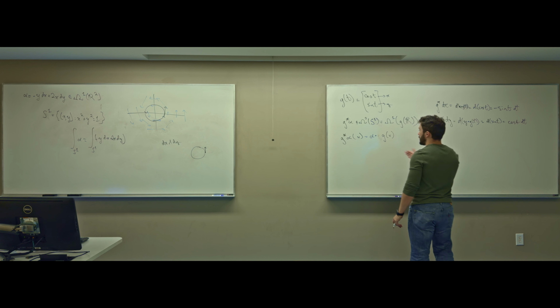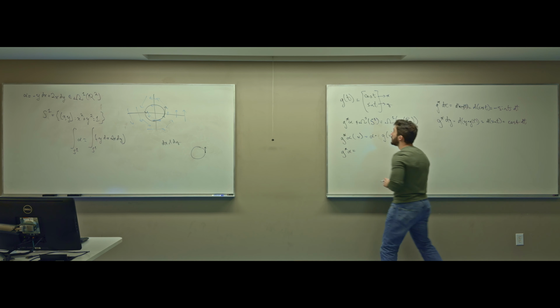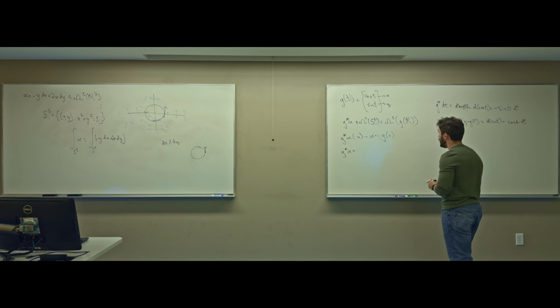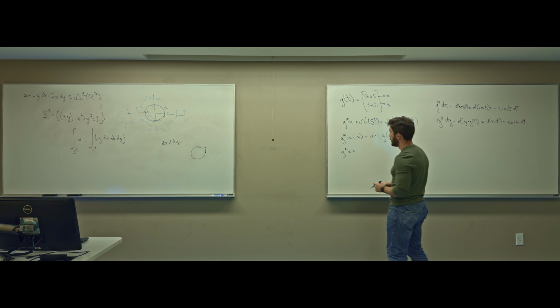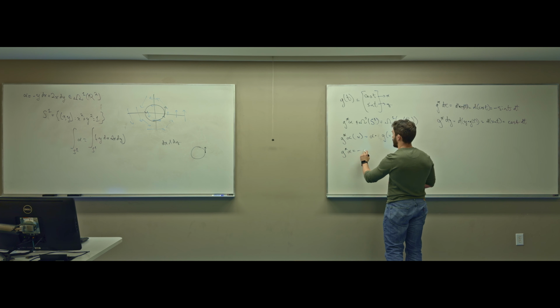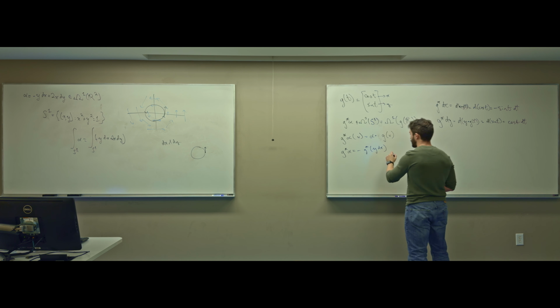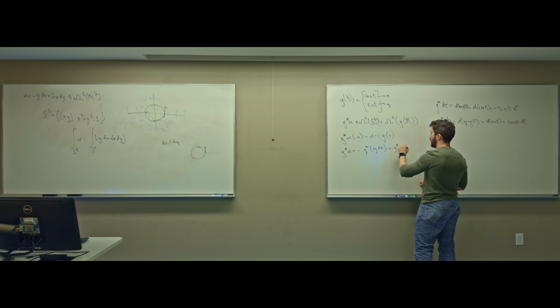So then now I can pull back this alpha. So g star alpha is going to be negative g star of y dx plus g star of x dy.